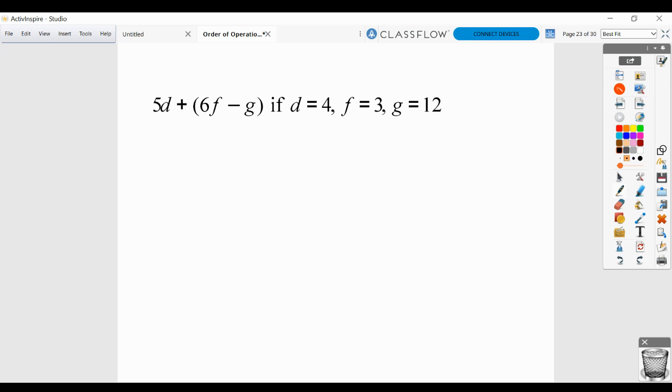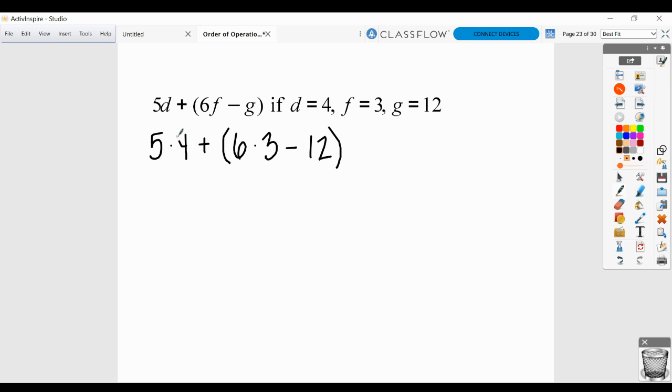Okay, the next one, we have 5d plus 6f minus g, d equals 4, f equals 3, g equals 12. So 5 times 4 plus 6 times 3 minus 12.